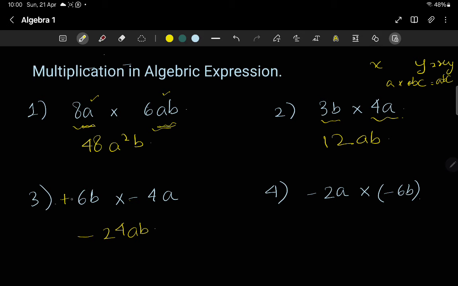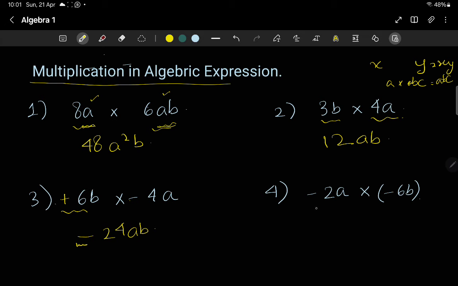A question arises here: we have a plus sign with 6 and 6 is the greater number, so why do we write a minus sign here? Remember, if we are multiplying in algebra, we always write the product sign, which means plus times minus is minus, so we will write minus. We will not see which is the greater or smaller value, just like we do in addition and subtraction.